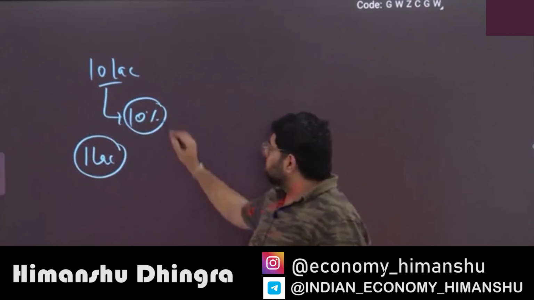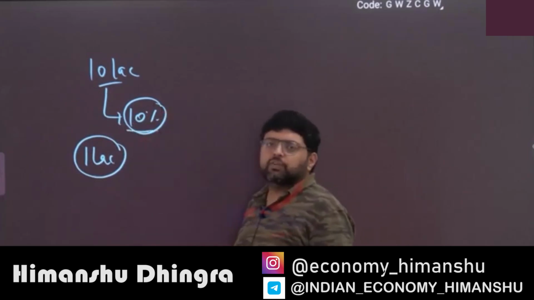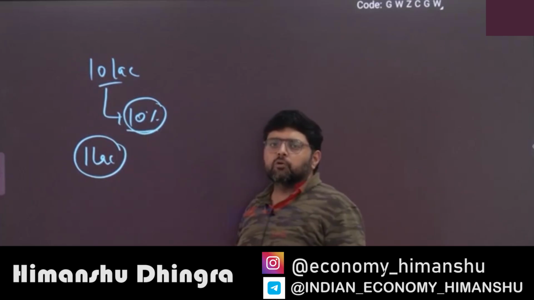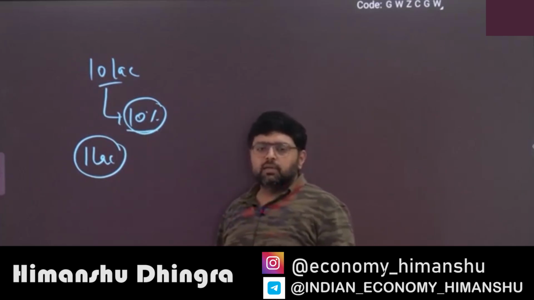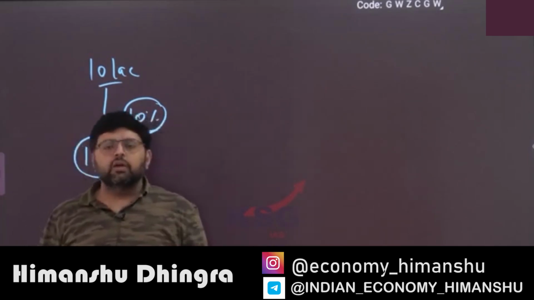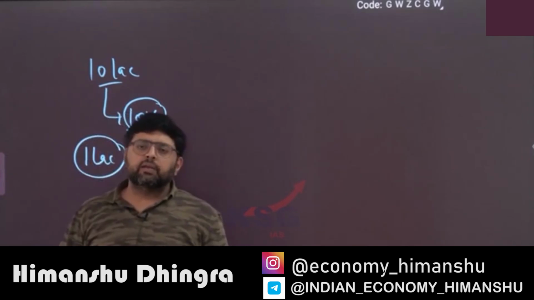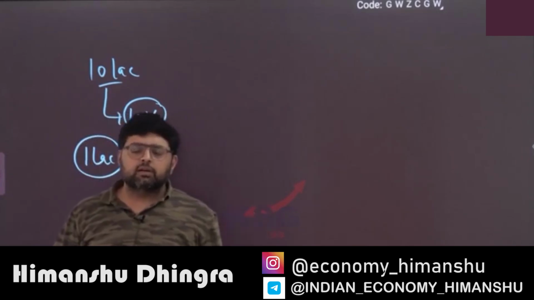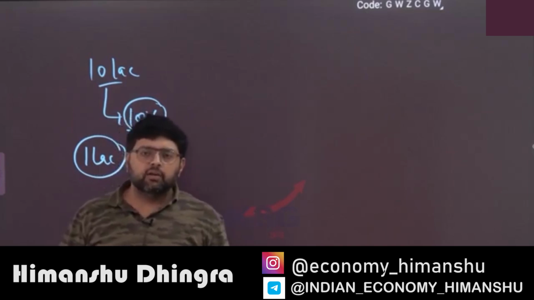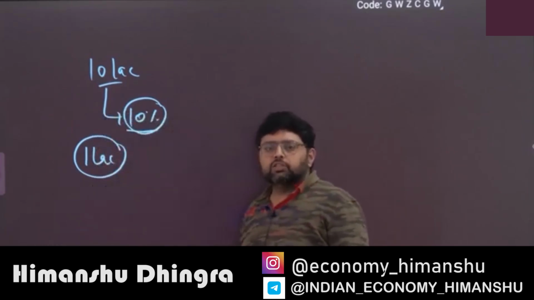Out of 10 lakh, 1 lakh you give to the government because you have to pay the income tax of 10%. So in your pocket how much money is left? 9 lakh. But government gives you one option that out of 10 lakh, if you invest 2 lakh rupees, for example, in some government small saving schemes like provident fund, Sukanya Samriddhi Yojana, pensions, insurance products.